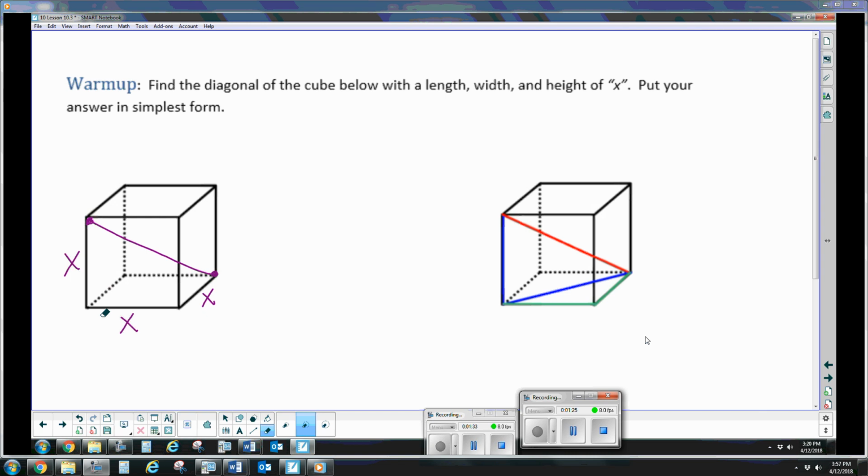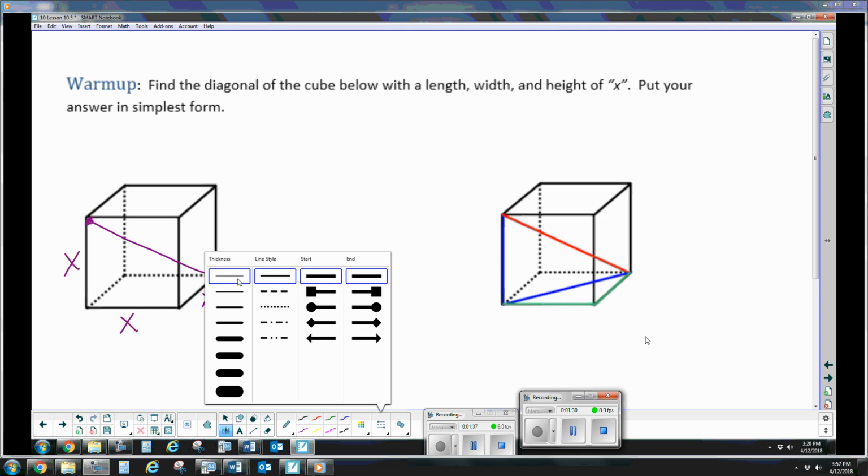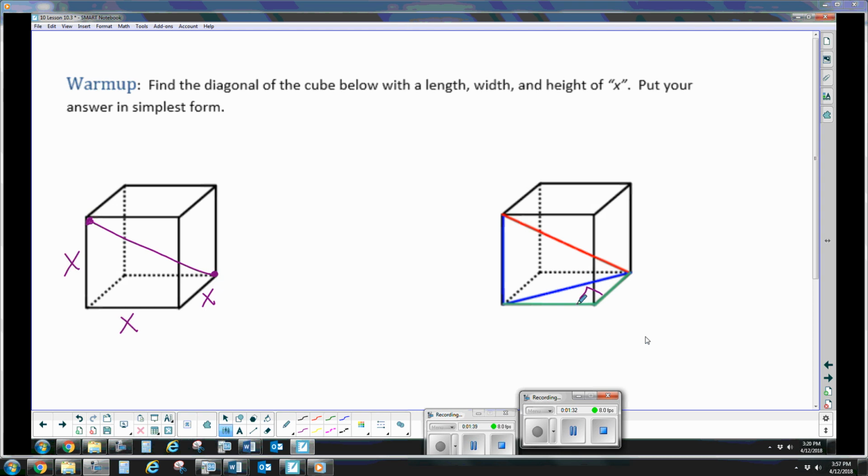So actually, let's look at this first triangle. And we can use this diagram on the right. So we know that the length and the width, or the two legs of the triangle, are both x. And we know that it's a right triangle.